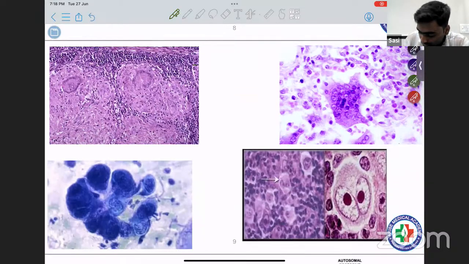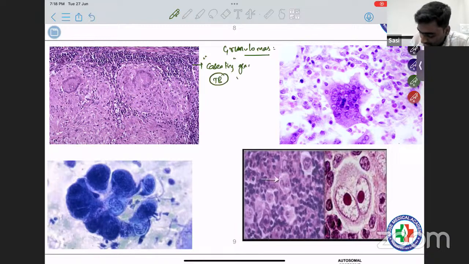Next one, we'll look at some granulomas. What is the name of this type of granuloma you might think of? Yeah, correct. It is the caseating granuloma. It is most commonly seen in a case of TB.